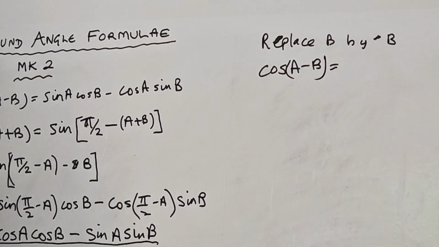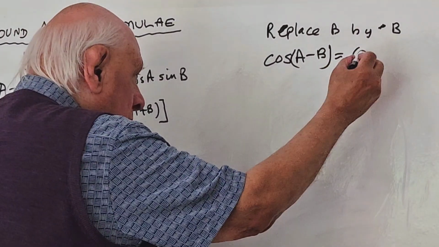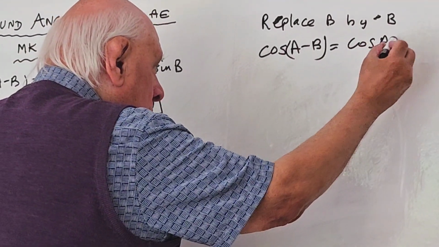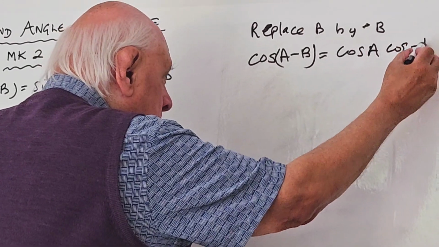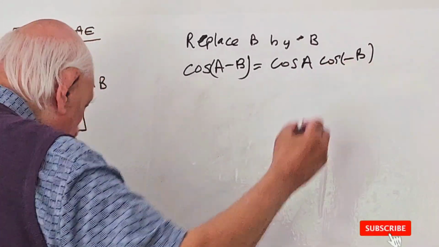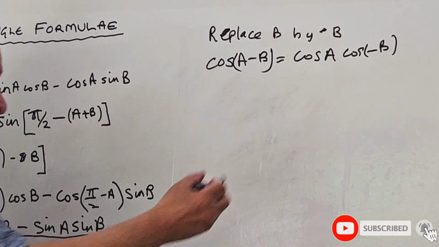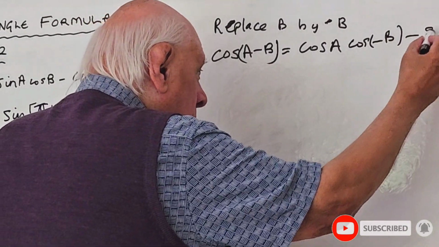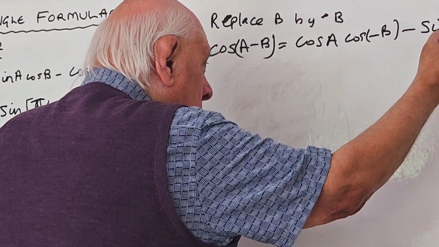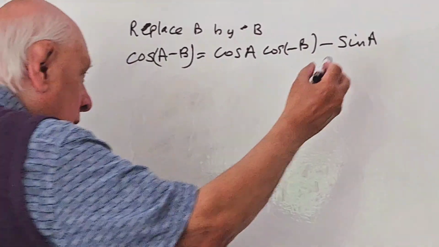Cos of A minus B is cos A cos of minus B minus sine A sine of minus B.